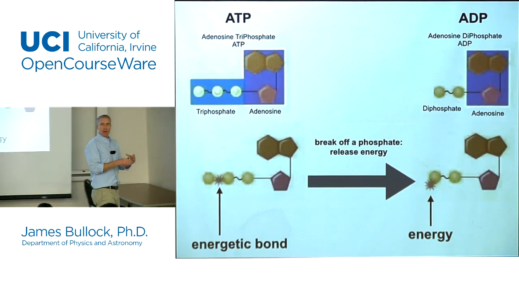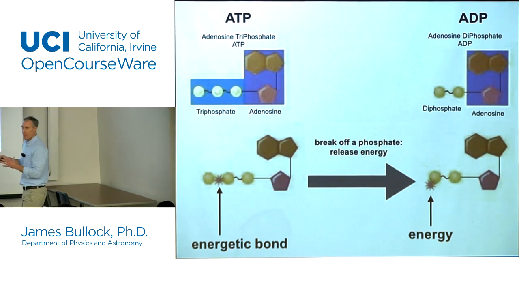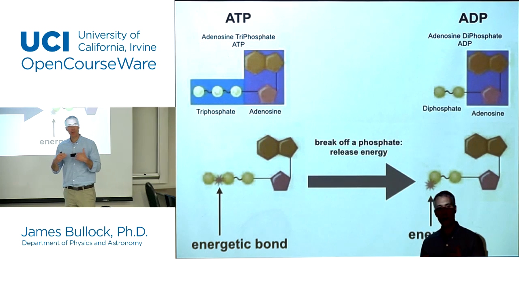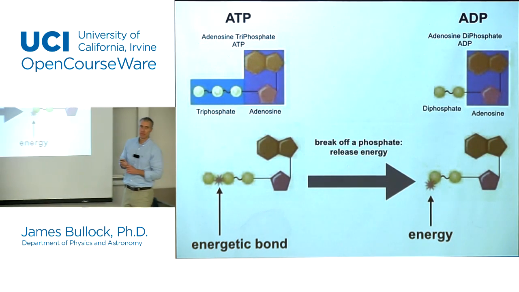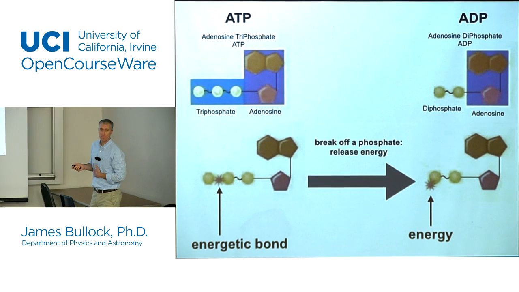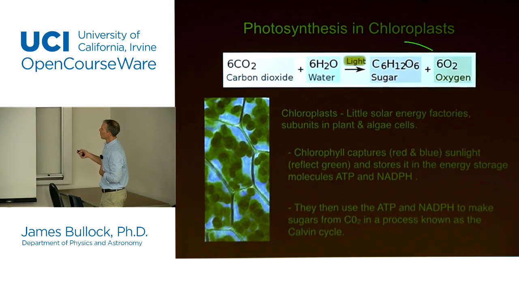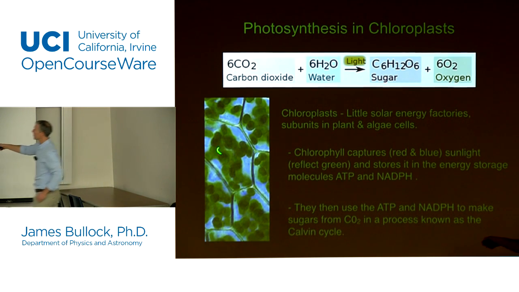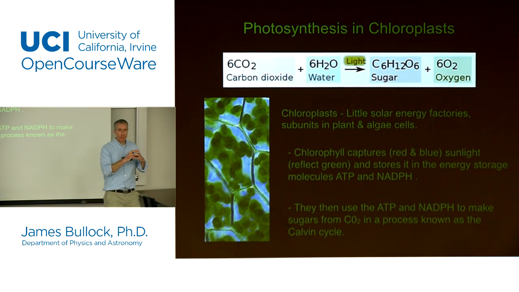Plants charge that battery basically with solar energy. And animals charge that battery basically with chemical energy from stuff that they eat. But it's still the same battery. So what happens with photosynthesis is there are these things called chloroplasts that you can think of as little solar energy factories.